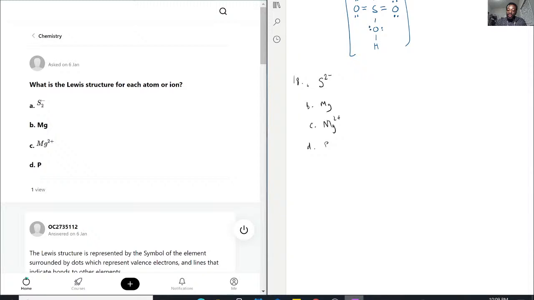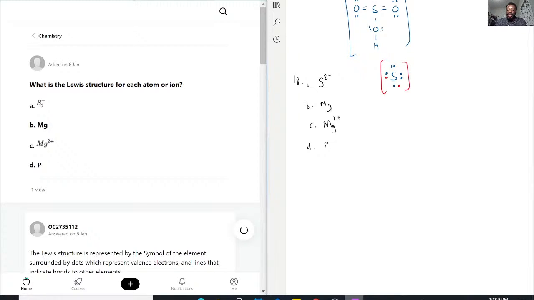So sulfur, as we said, 6 valence electrons originally. Okay, so we have 1, 2, 3, 4, 5, 6. And if it's 2 minus, we're adding 2 more electrons. So 7 and 8. This right here is S2 minus.